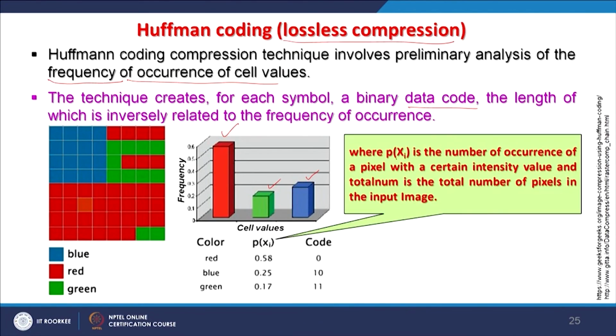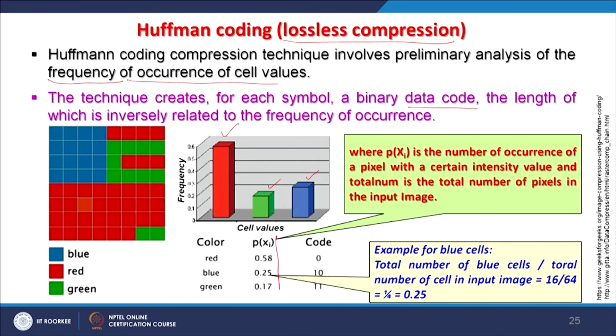Here Pxi is the number of occurrences of a certain intensity value, and total num is the total number of pixels in the input. So how many pixels are having the same value will also be given there.